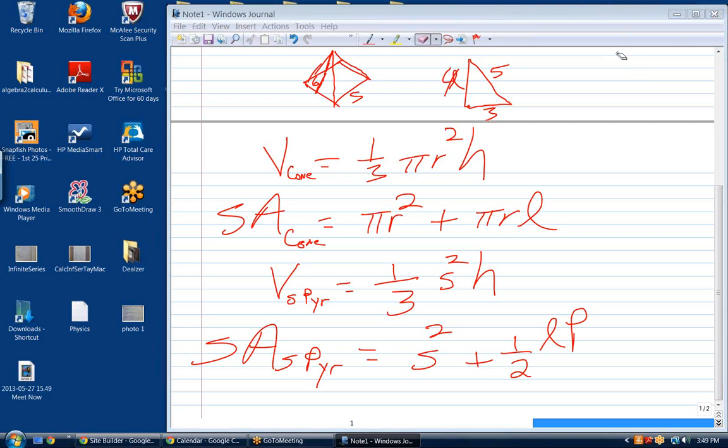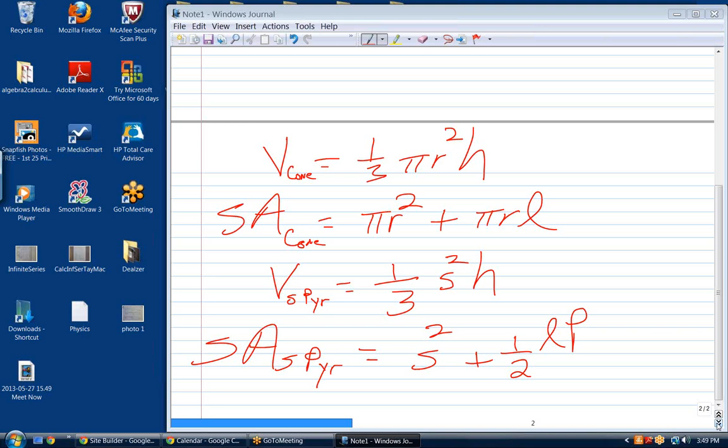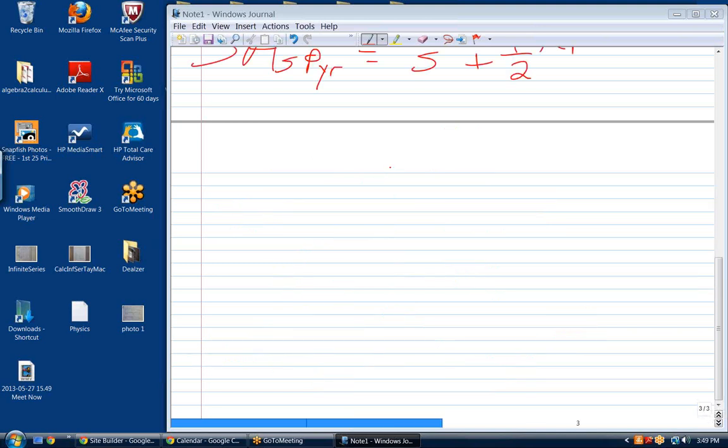What else is there? There's the regular area of a trapezoid. Okay. A trapezoid is a lot like a rectangle. What's the area of a rectangle? Base times height.